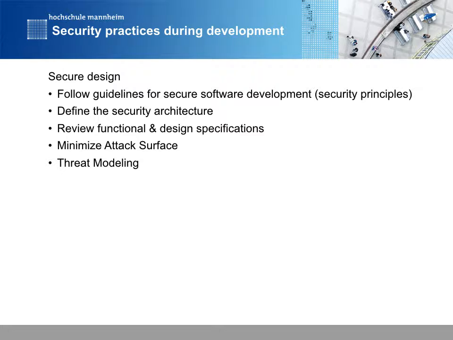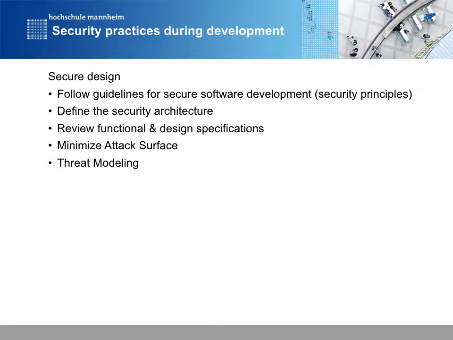Remember yesterday, don't trust user input. This is one aspect of this. So users are always outside of the trust boundary. But even within your application, you may consider different trust areas which are distinguished by trust boundaries.